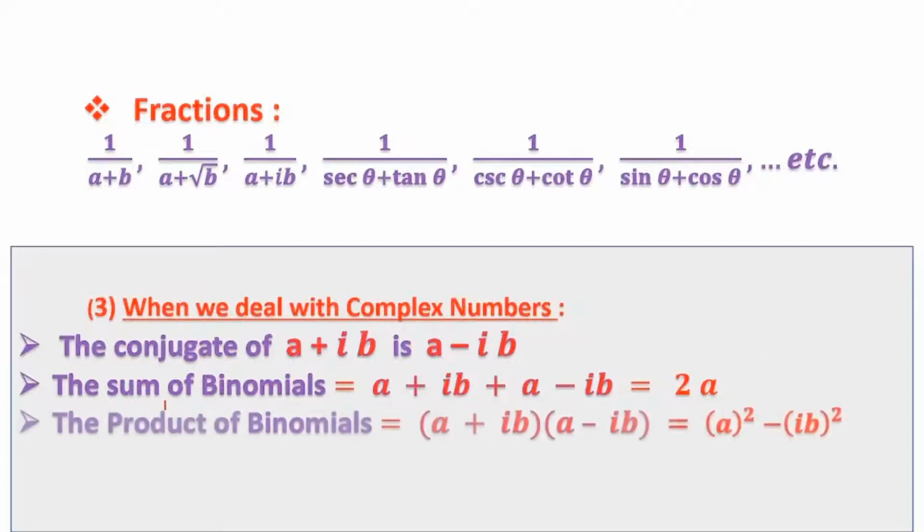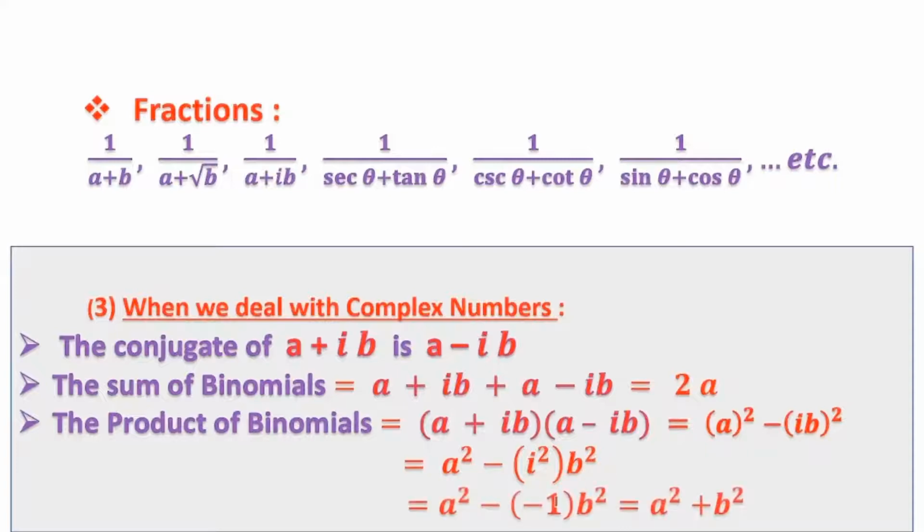The product of the binomials is equal to a plus ib into second bracket a minus ib, which is equal to a whole square minus ib whole square, which is equal to a square minus i square into b square, where i square equal to minus 1.